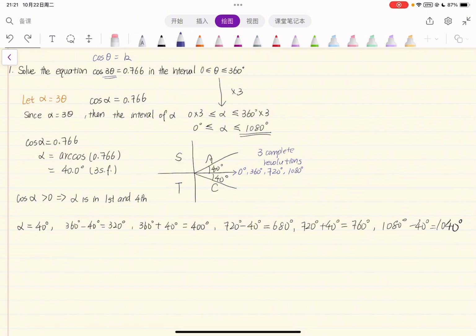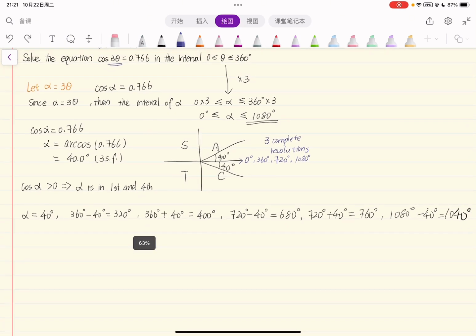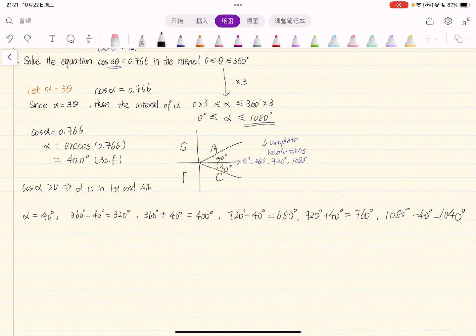These are the values of alpha, but we need to find the value of theta. So we have 3 theta equals 40 degrees, 320 degrees, 400 degrees, 680 degrees, 760 degrees and 1040 degrees.